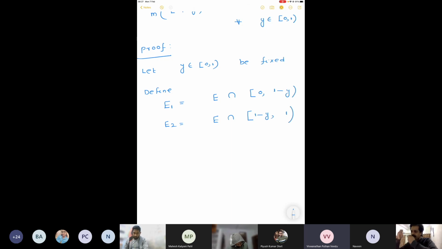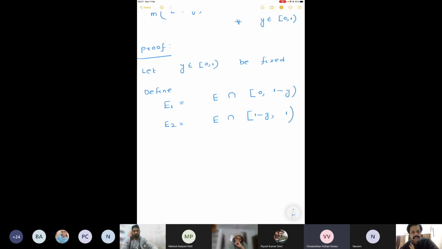Okay. Do you see that E1 and E2 are disjoint? Yes, sir. Obviously, E1 is inside the interval [0, 1 minus y), and E2 is in the other part, [1 minus y, 1). So E1 and E2 are disjoint.